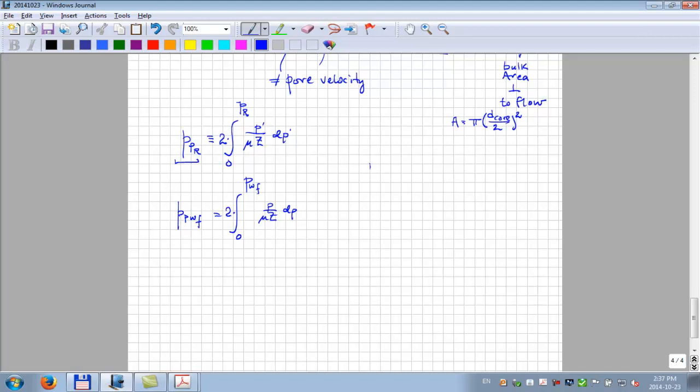So let's just take a look at that function. It's not really gas mobility, but well, let's just look at it. This thing starts out going up a straight line to about 100, 150 bar.